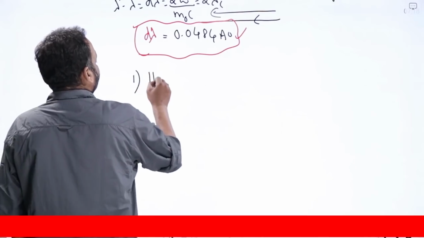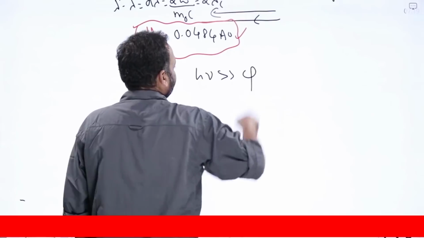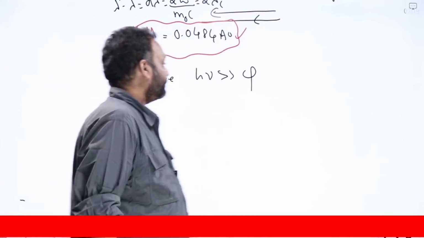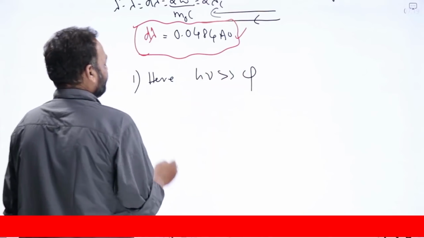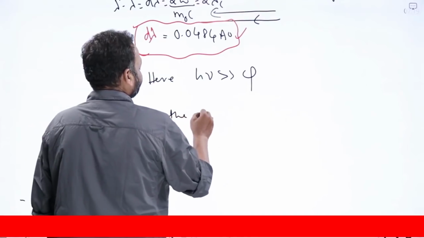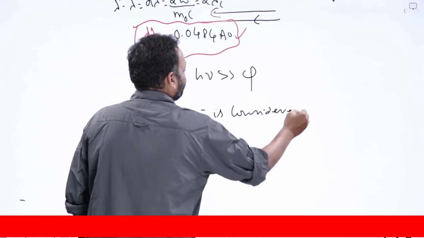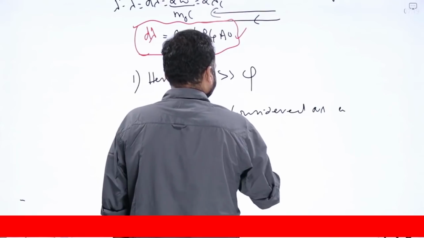Here in Compton effect, the energy of the incident photon h nu is very much greater than phi. Phi is the binding energy of the electron. H nu is very much greater than phi, thousands of times more than the binding energy of the electron. Therefore, the electron is considered as a free electron.